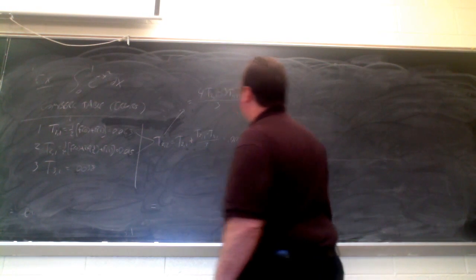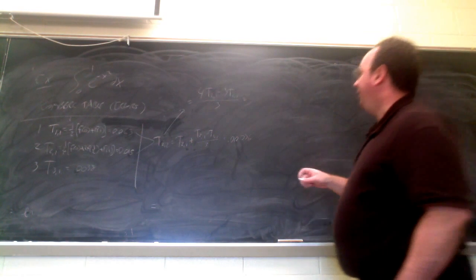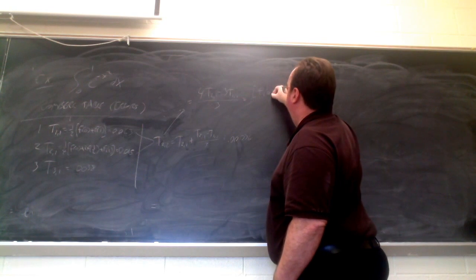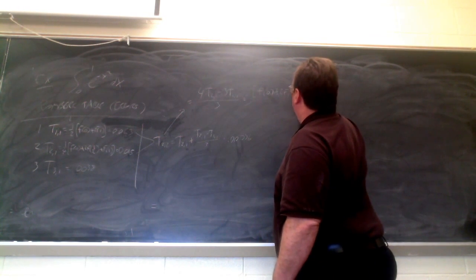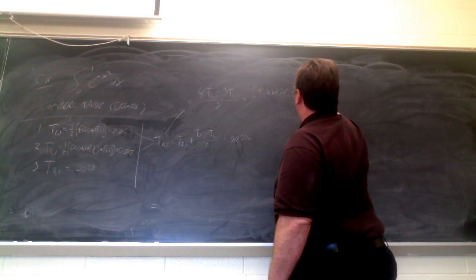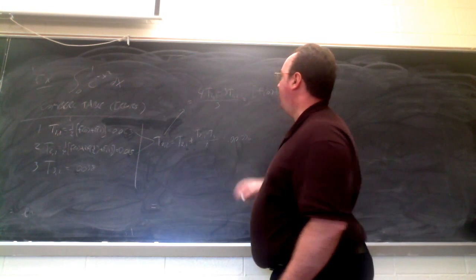I wrote it that way before, last time. So if I work that out, that would be f of 0, so 4 times this, f of 0 plus 2 f of a half plus f of 1, minus 3 times the first trapezoidal rule approximation.